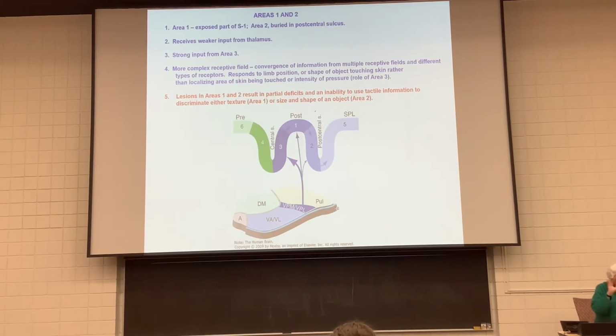We're adding a lot more information. Turns out if you have lesions in these areas, again, probably pretty hard to keep isolated, but experimentally you can do that, you get deficits in using the tactile information, as it says here, to discriminate texture, which is primarily area 1, or the shape of an object, area 2.